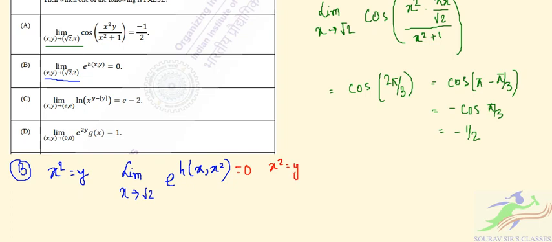So this is nothing but the limit, x tends to root 2 of e to the power 0, which is 1, but here it is given that the limit is equal to 0. So when x square equal to y it is 0, so the limit tends to 1. So this is the false option. So let us check the other two options, C and D.